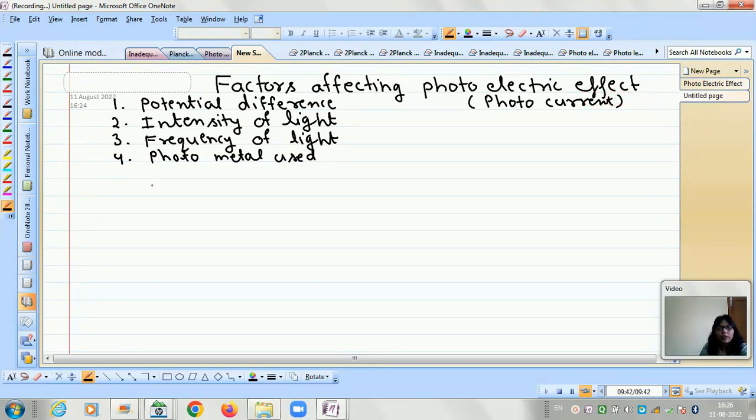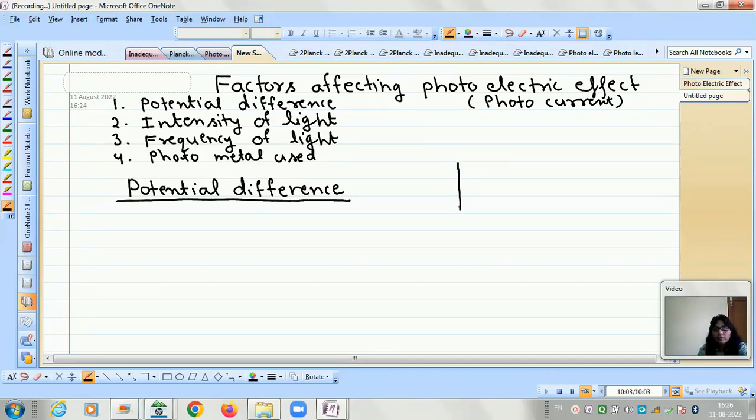So the first is the potential difference. The effect of potential difference. So this we have already discussed, that if we apply the potential in positive direction, then the current will increase, and after further increase in potential it will get saturated.